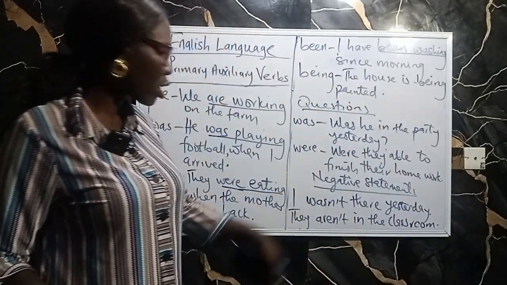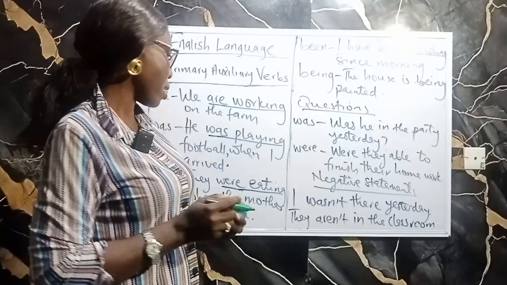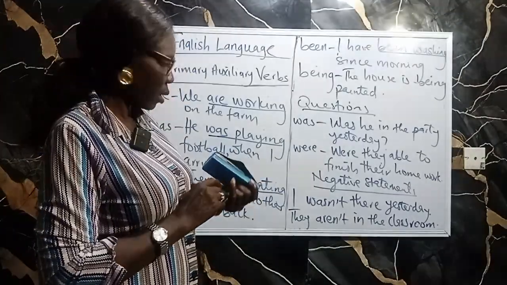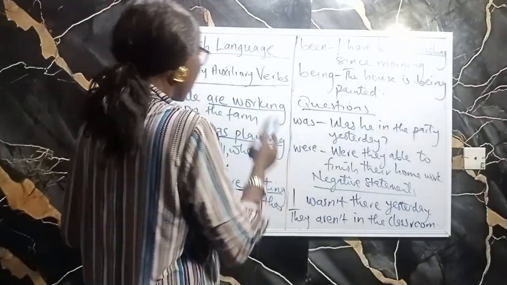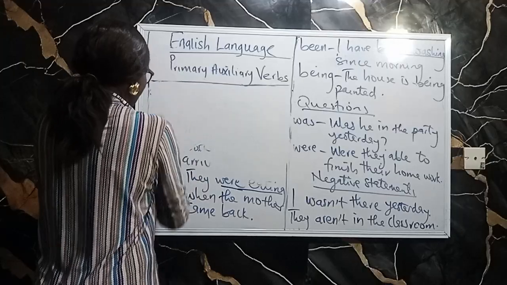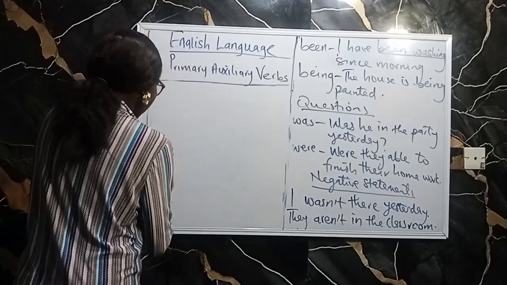That is, they are not in the classroom. That is what we mean by negative statements. Okay, now let's go to other forms. Other forms of primary auxiliary verbs.